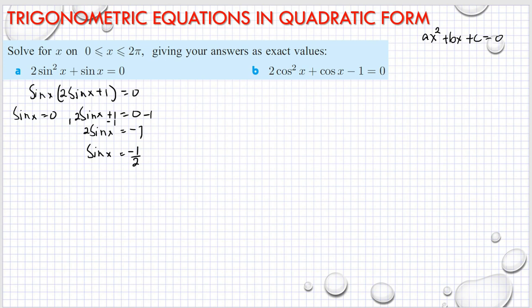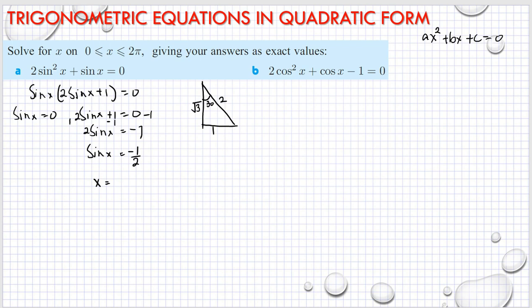Okay, and 1/2 is very familiar. We have this 30 degree triangle, and we have 1 there, and 2 there, and square root of 3 there. So for sine x, our x here is pi over 6, but we have negative. That means it is in the 3rd quadrant and 4th quadrant.